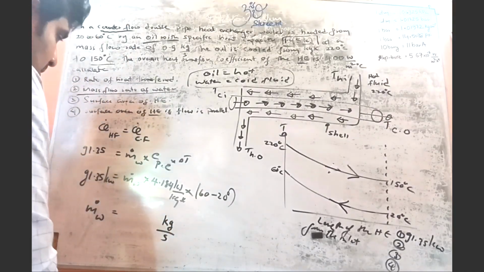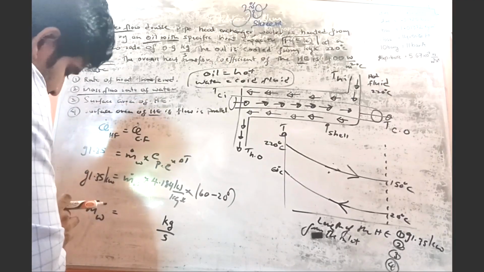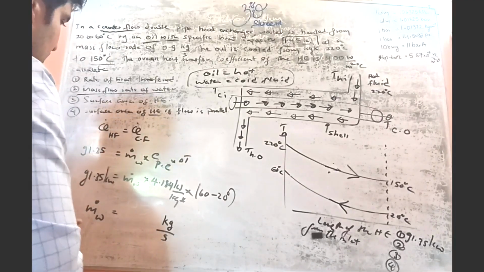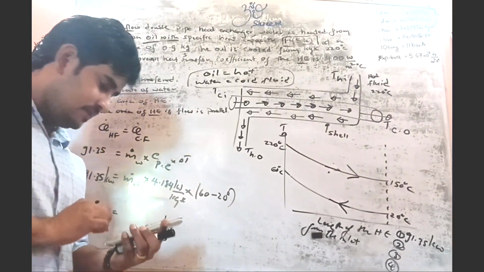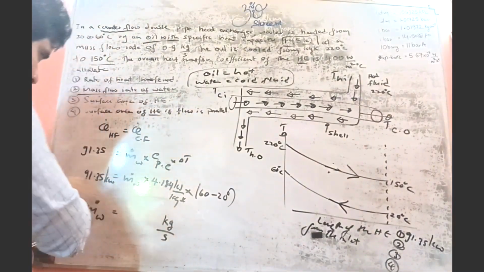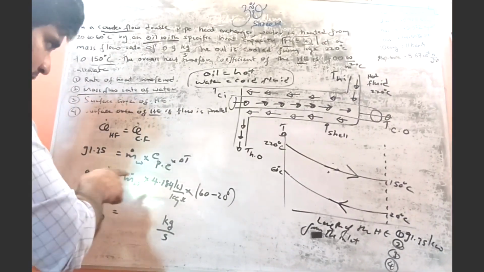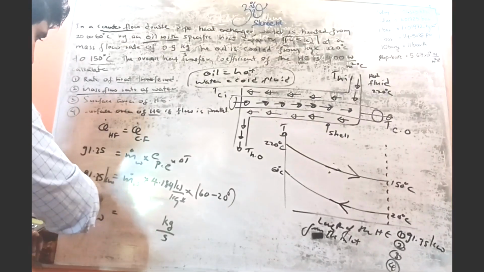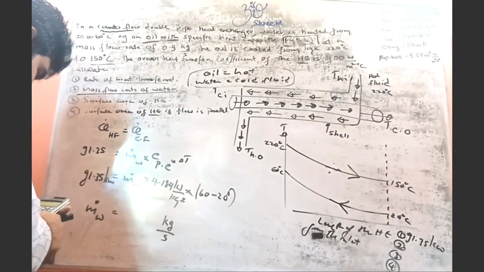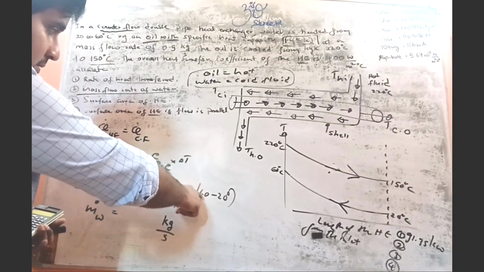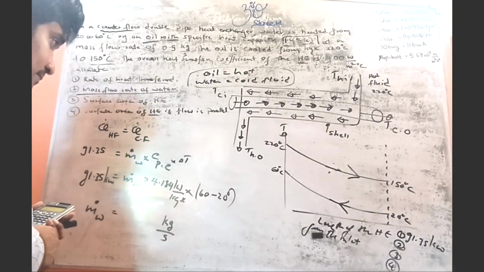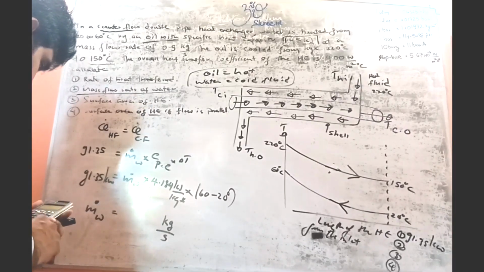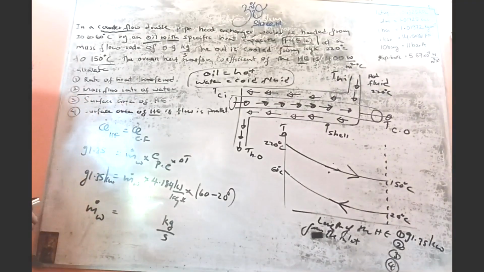Alright, so now let's do the simplifications. 91.35, divide that by 4.184 and divide that by the temperature difference 60 minus 20, that is 40. So what is the answer? I am getting 0.5458.